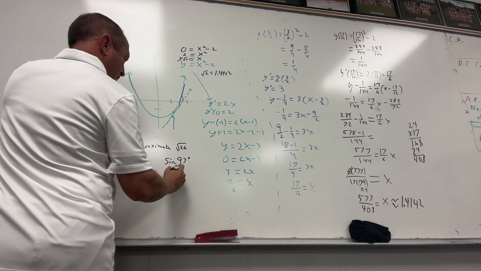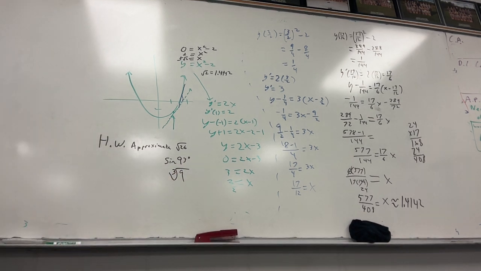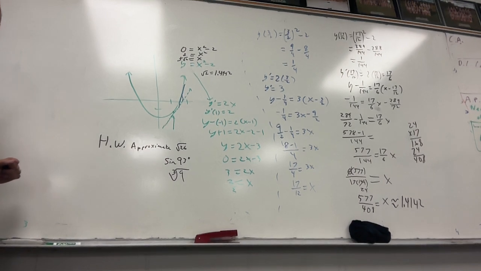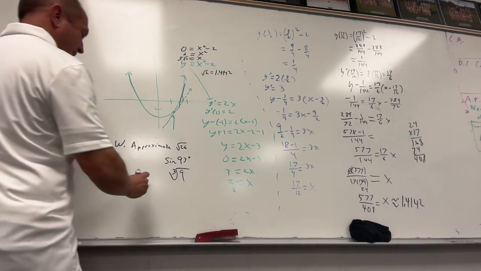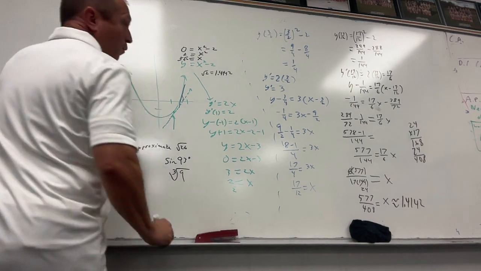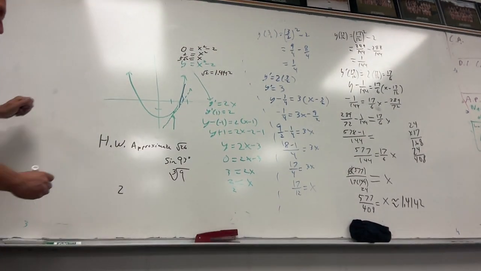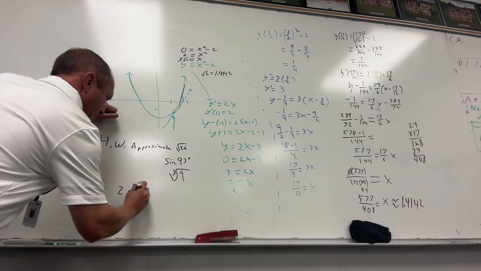Now, we haven't done this, but let's try the cube root of 9. And last of all, let's do 2 approximations. We did 3 approximations here, but I'm fine with just doing 2 approximations.